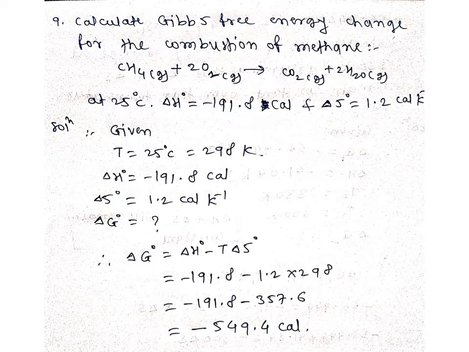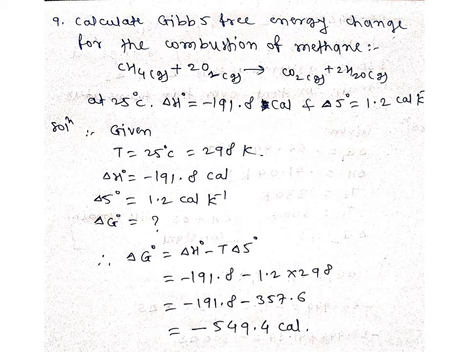Problem number 9. Calculate Gibbs free energy change for the combustion of methane. That is CH4 gas plus 2 O2 gas, which gives CO2 gas plus 2 H2O gas at 25 degrees Celsius.